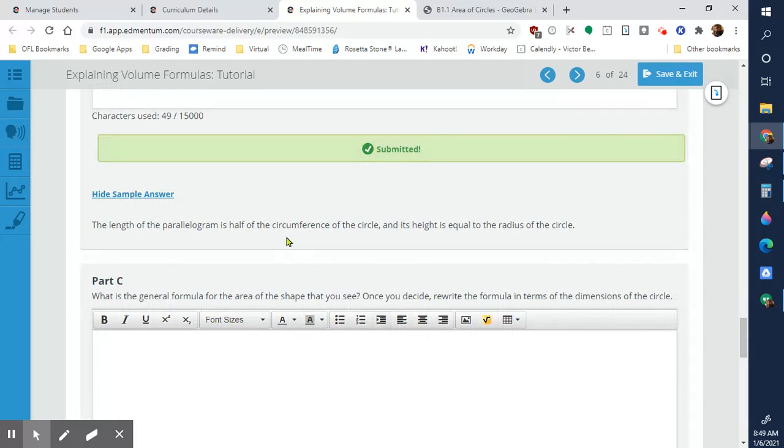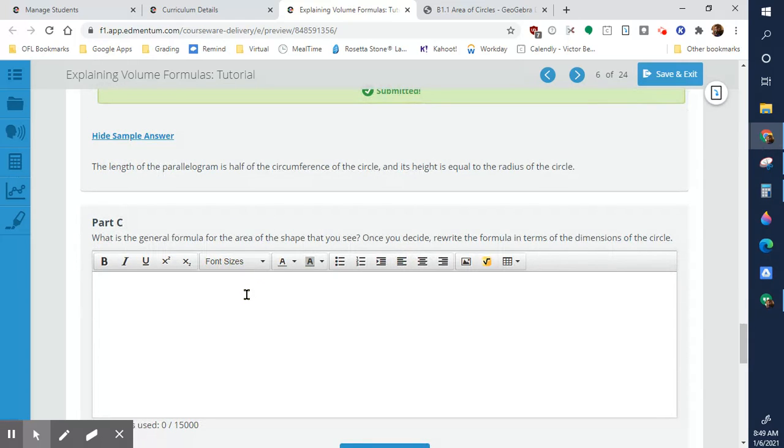Alright. So here, in the general sense of the shape, decide to rewrite the formula. So area of a rectangle, area equals length times width. After doing substitution, we get area equals R times pi R. Might as well write the whole thing in the equation editor.